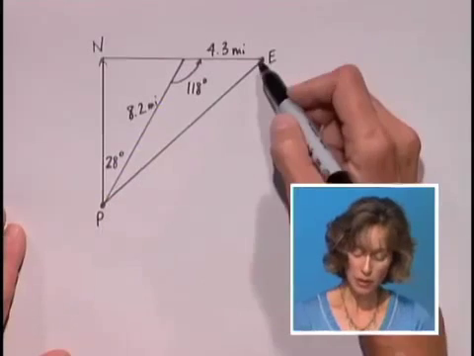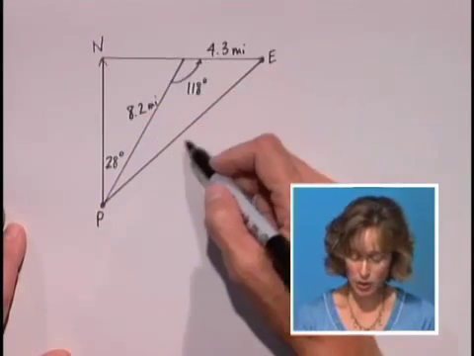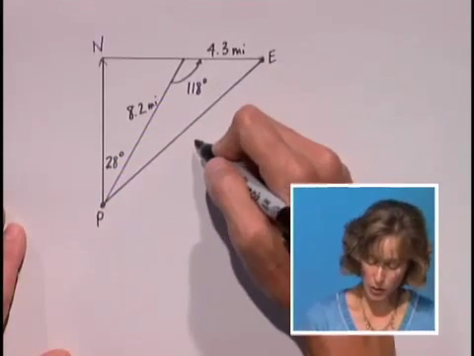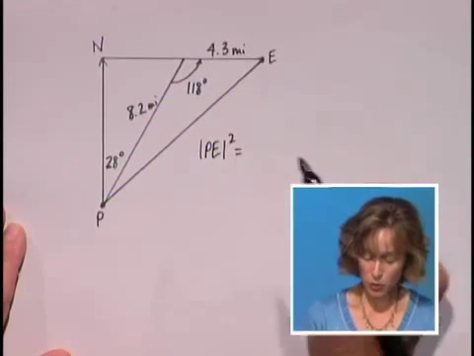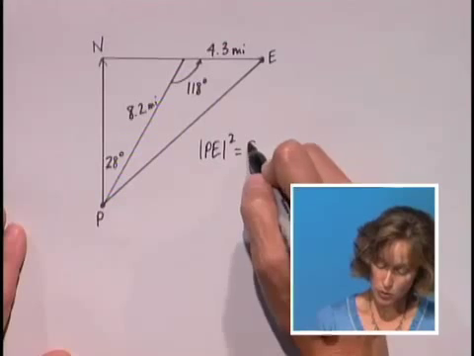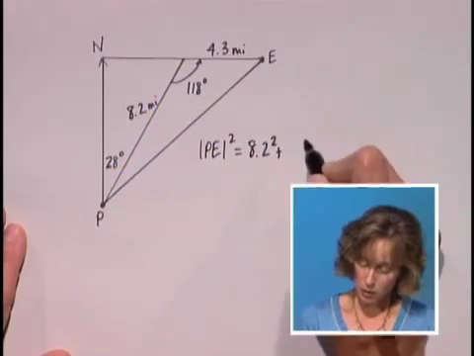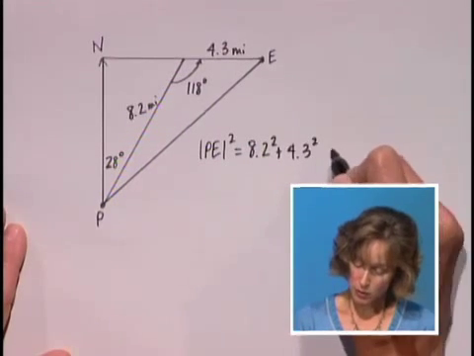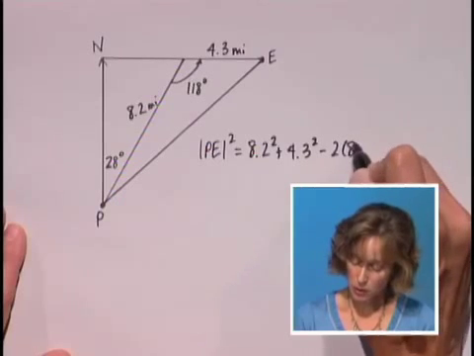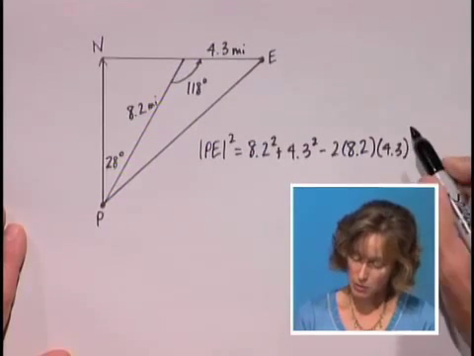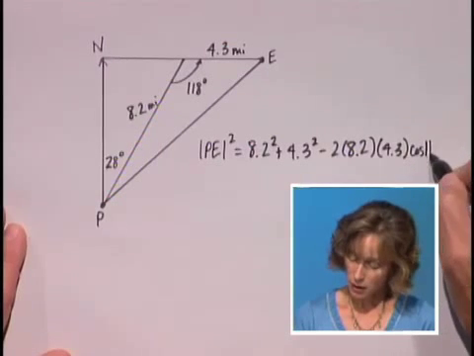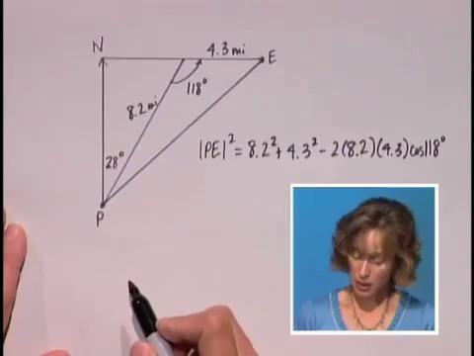So if I want the length of PE in this triangle, I'm going to use the law of cosines. The length of PE squared is equal to 8.2 squared plus 4.3 squared minus 2 times 8.2 times 4.3 times the cosine of 118 degrees.